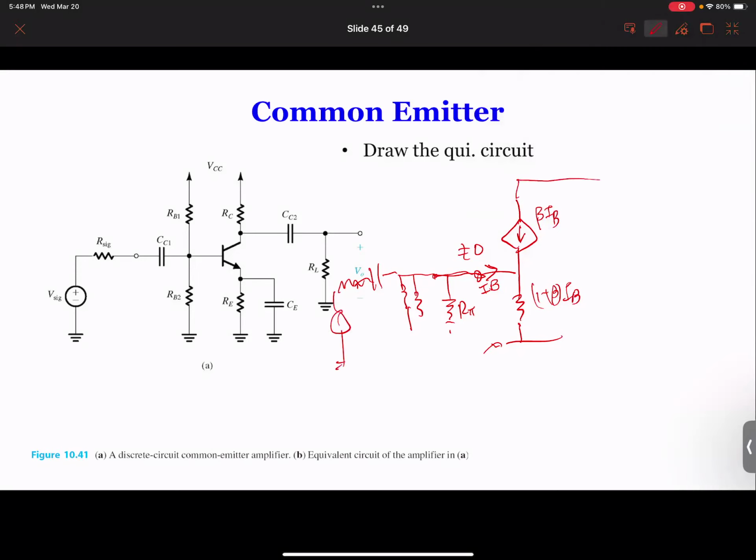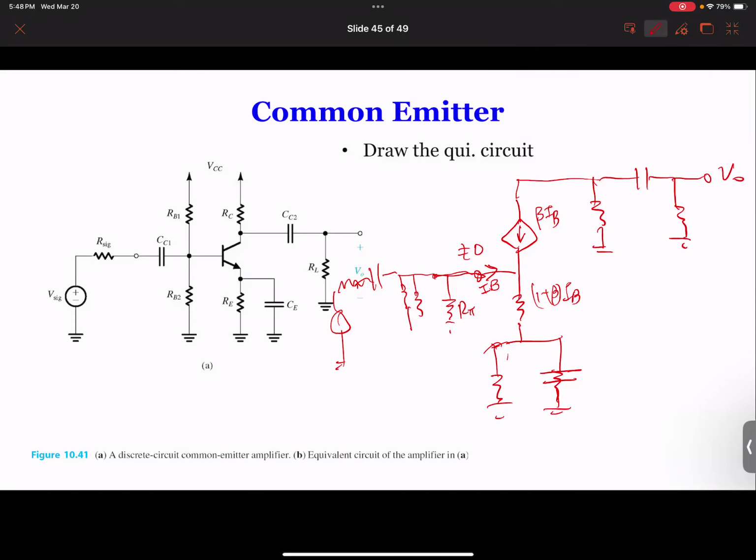And then from the output, you have 1 over here, 1 over here, yeah, RO. And at the emitter, you have this. Oops, you have this.